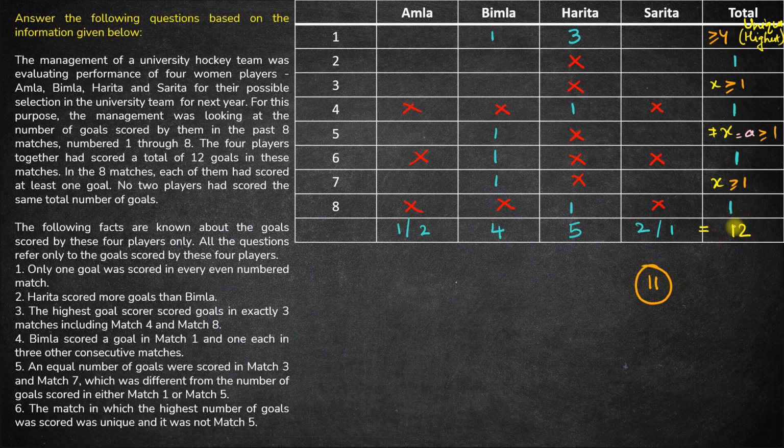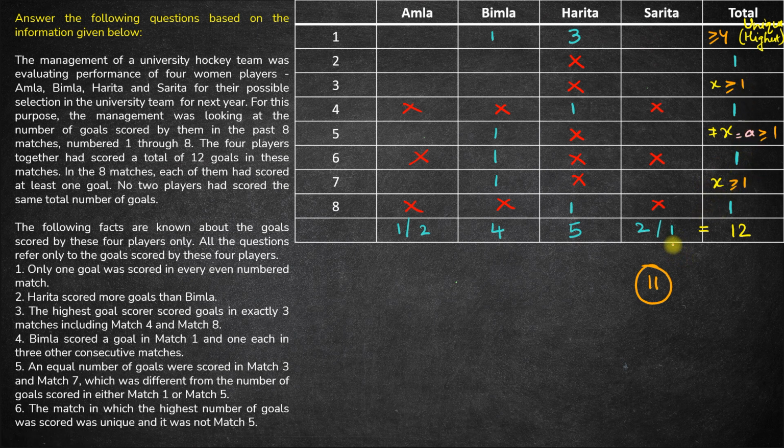But we need a total of 12. That means we need to give 1 more, right? As in we need to score 1 more goal. And we are given that in match 3 and 7, equal number of goals were scored, but it is different from match 5. So this value has to be different from these two values, right?